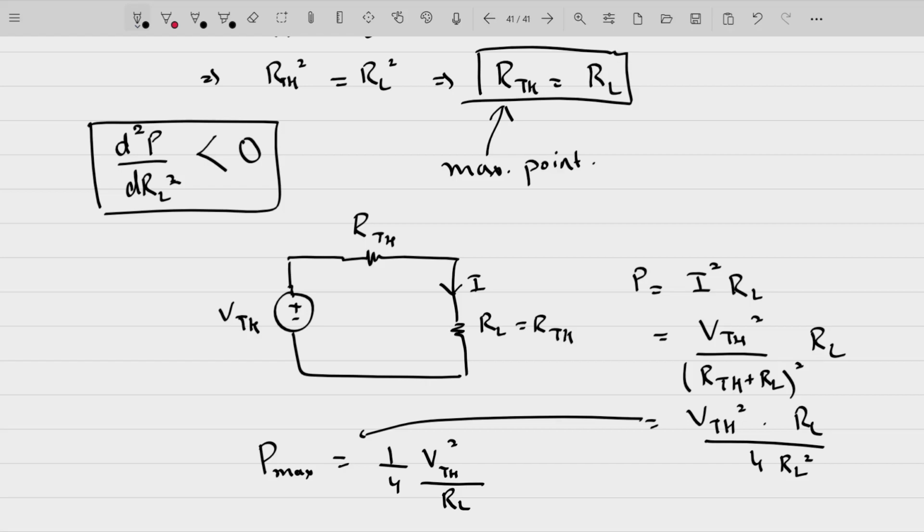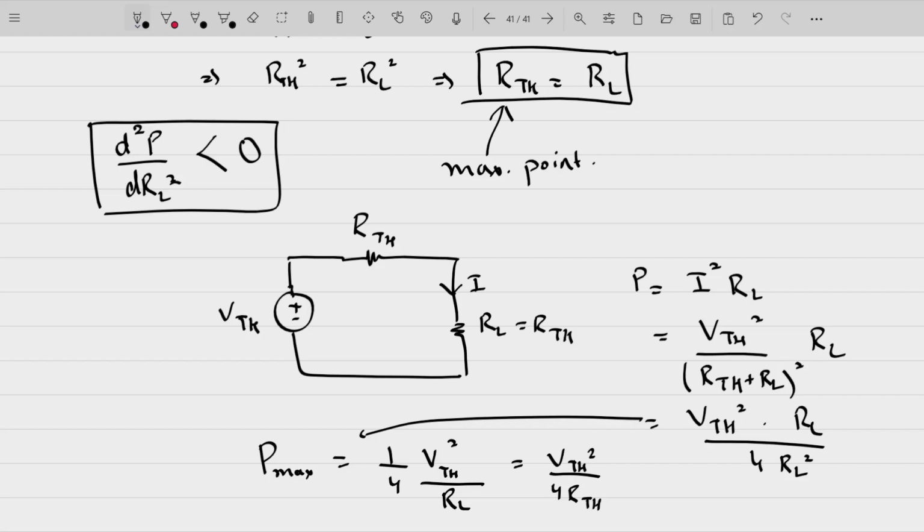So VTH square by 4RL, or VTH square by 4R. Instead of RL, you can write RTH. So this is the maximum power being delivered to the load, and this power is delivered when RL is equal to the internal resistance. So this is the maximum power transfer theorem.